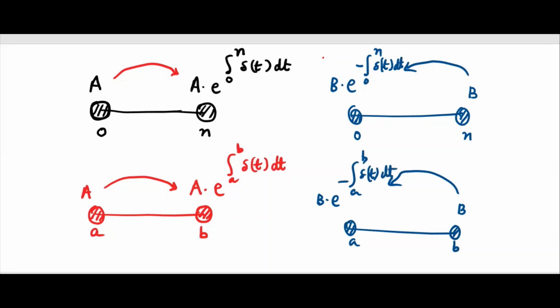Let's do a problem. Here delta t is given. The rate of interest is 0.05, continuously compounding, and it's a variable.